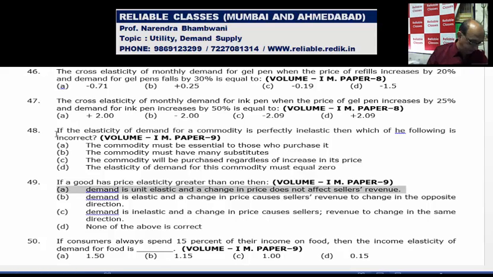Greater than 1 cannot be unit elastic. Demand is elastic and change in prices causes seller's revenue to change in the opposite direction. Yes, price will rise, demand will fall, but there will be a huge fall in demand. So total revenue will also fall.